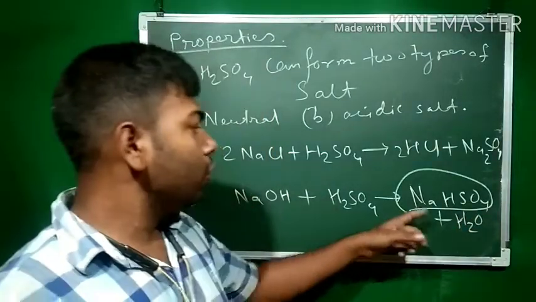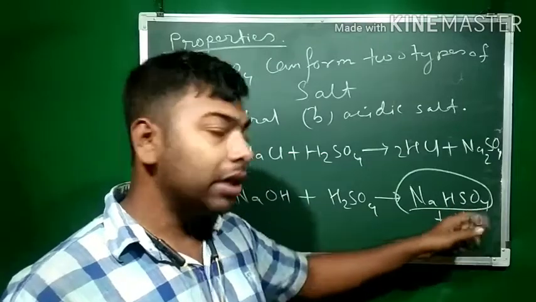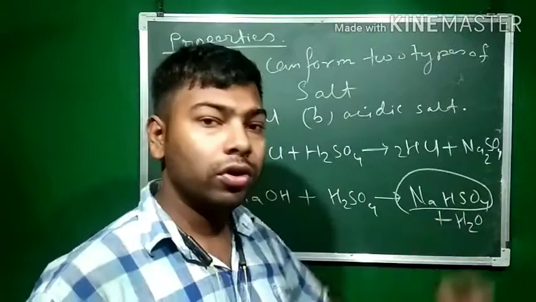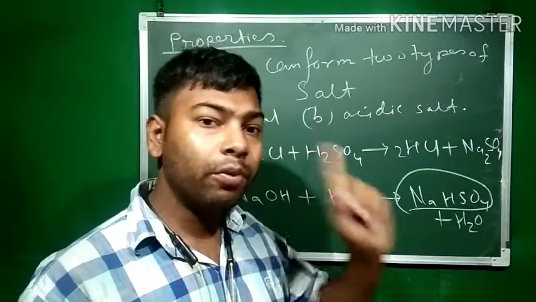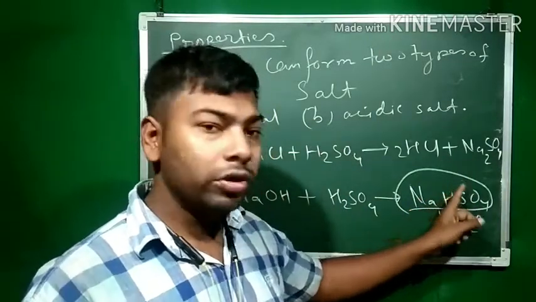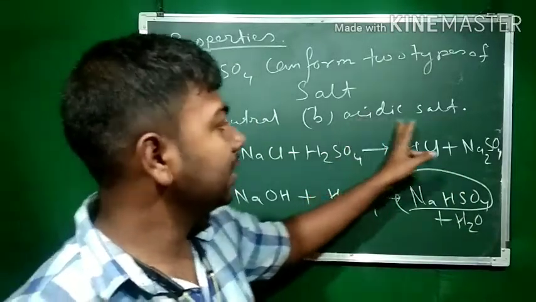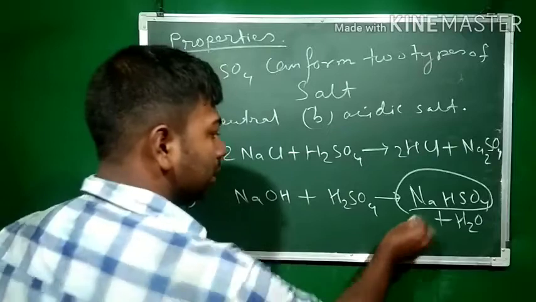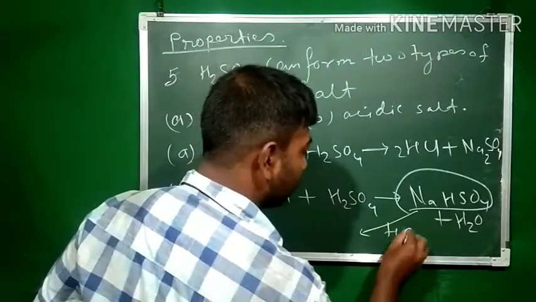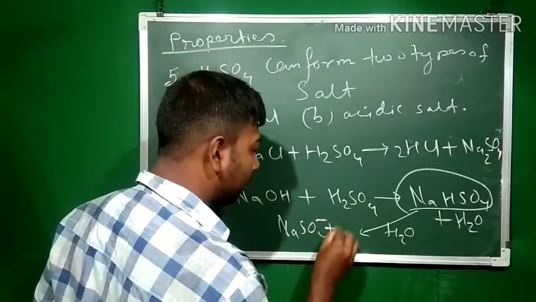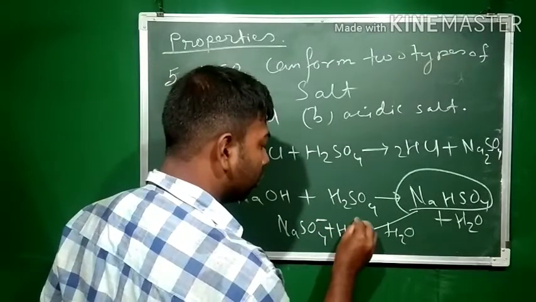Okay. Now see, when sodium hydrogen sulfate reacts further with water, it can produce a proton. If it can produce a proton, that means it will act as an acid. That's why I said acidic salt. If it reacts with water, it can produce NaSO4 negative plus H3O positive.